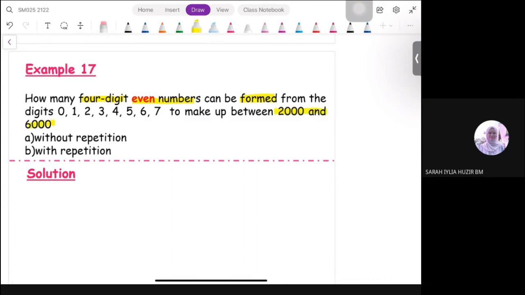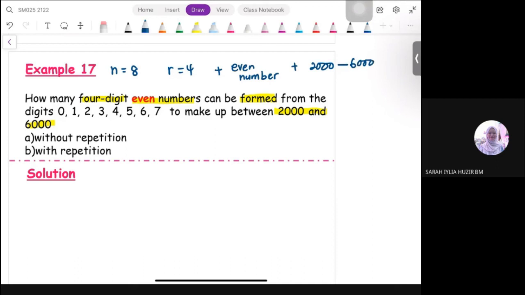Okay. Kita ada 3 different condition here. So, and then our N is 8. From 0 up to 7, we have 8 different option. And then our R is 4 in this case because it's 4 digit. And then we have 2 different condition. It must be even number. And then it must be between 2000 up to 6000.